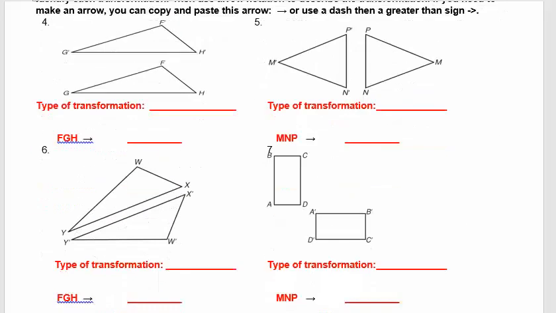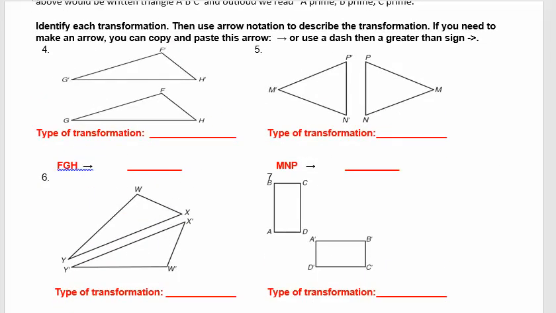So in these problems here, all you have to do is say whether it's a reflection, a rotation, or a translation, and then you're going to use the right notation to show what's happened. So in problem 4, you'll answer whether this is a reflection, a translation, or a rotation.